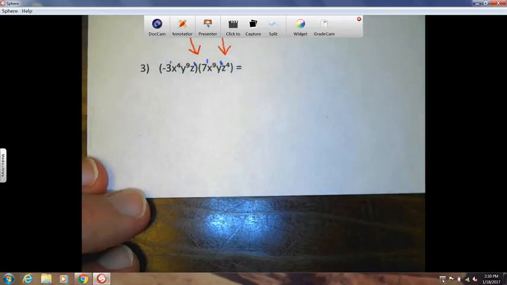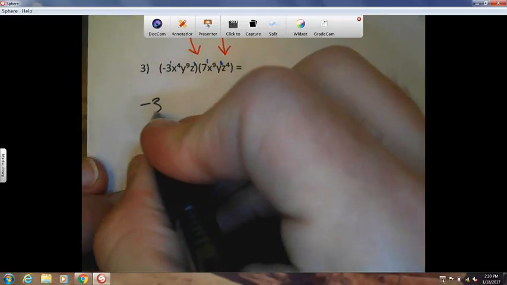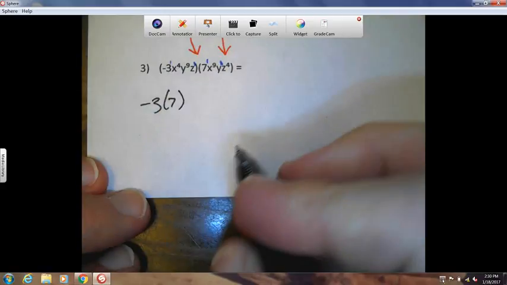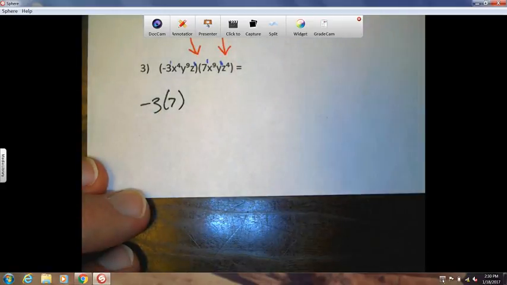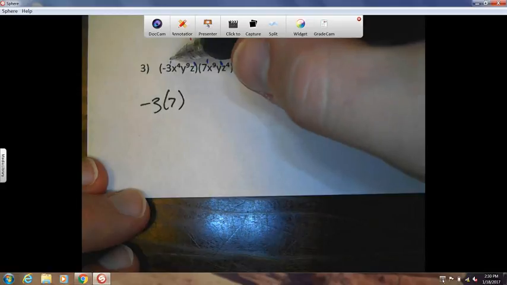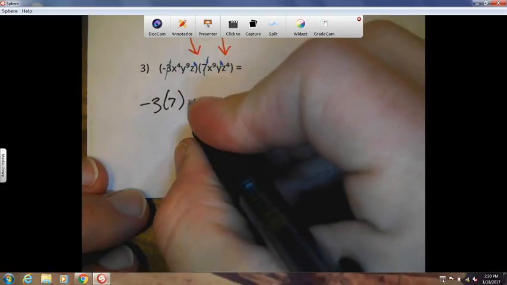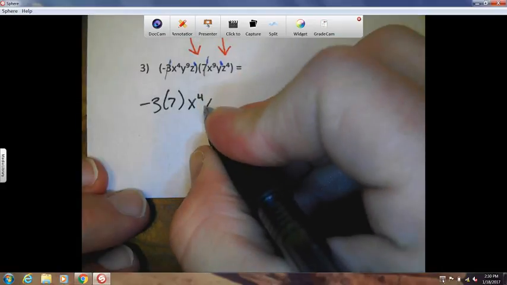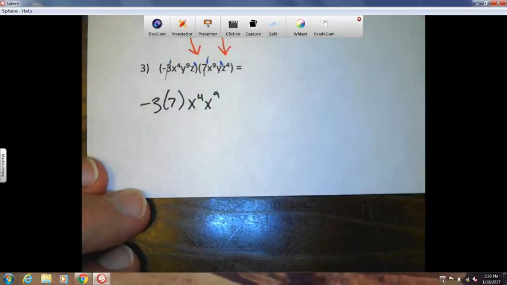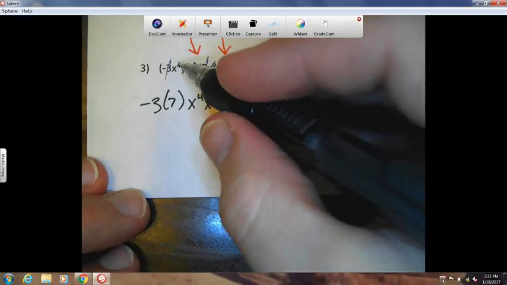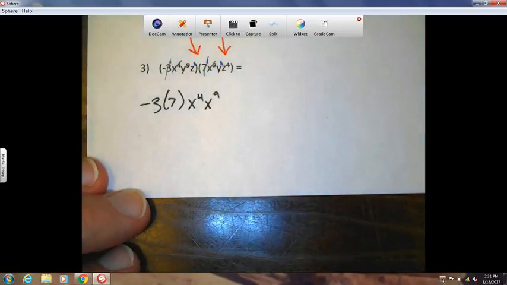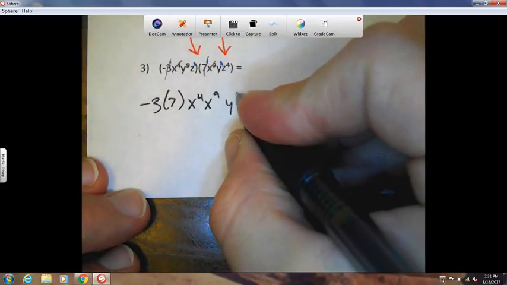Okay, so let's look at my terms. I have a negative 3 times 7. I'm going to lightly mark those out with a pencil so I know I'm done with them. I have x to the 4th and x to the 9th. I have y to the 9th, y to the 1st, and z to the 1st, z to the 4th.